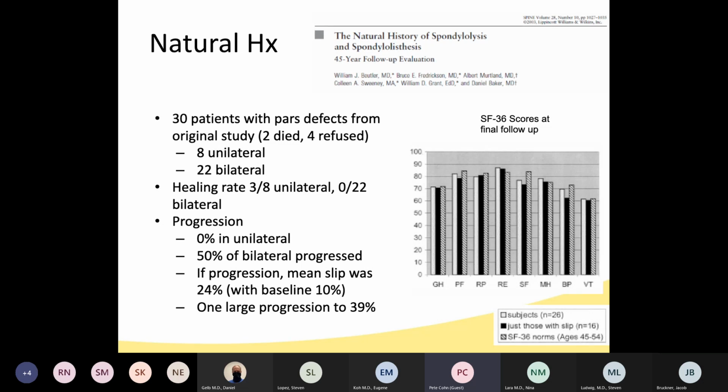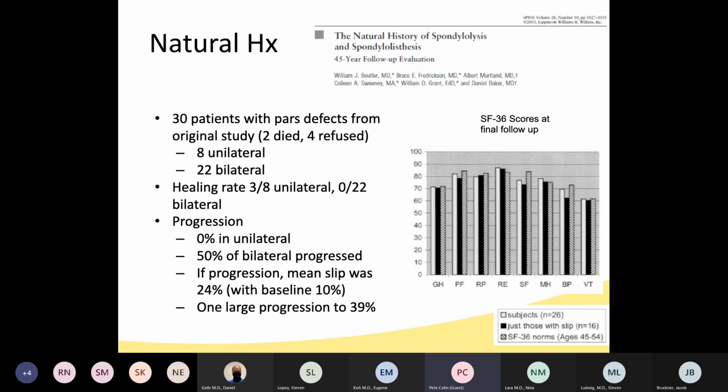In terms of progression to a spondylolisthesis, 0 progressed in the unilateral group, and in the bilateral group, 50% of those patients did have a progression. And the mean slip, if there was a slip, was 24%, although one slipped as much as 39%.